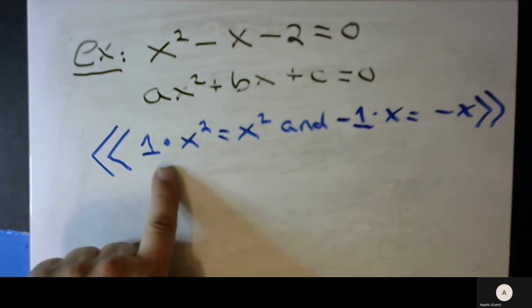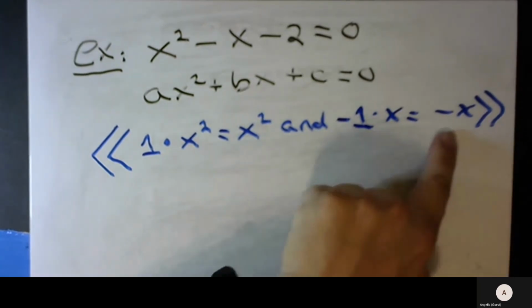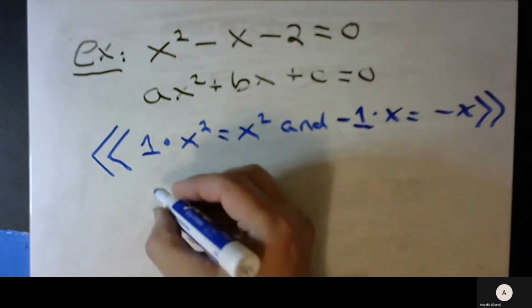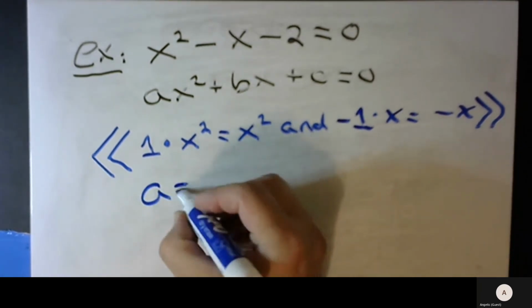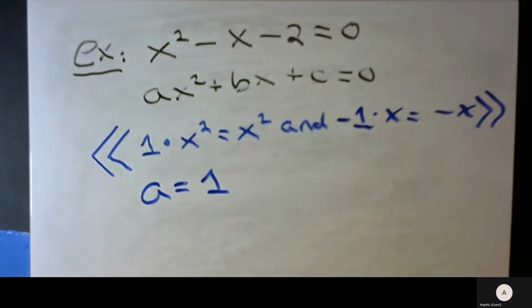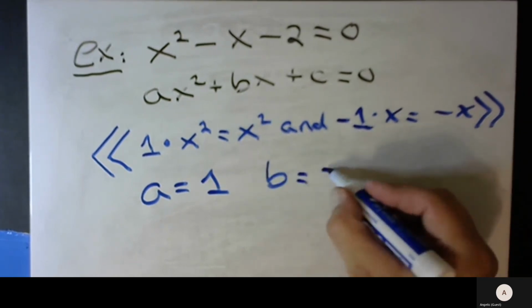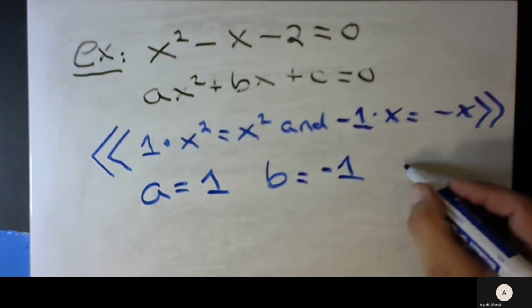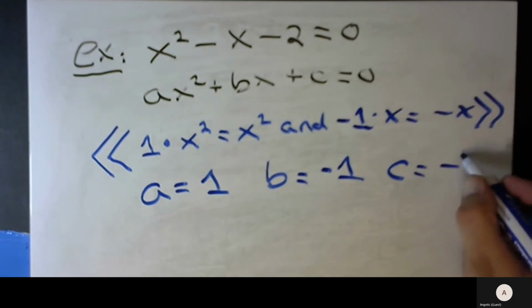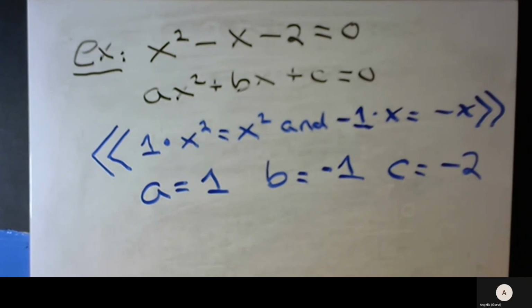So because of these little arithmetic facts, what we're going to get is that a is 1, b is negative 1, and then c in this case is negative 2. So any questions about that?